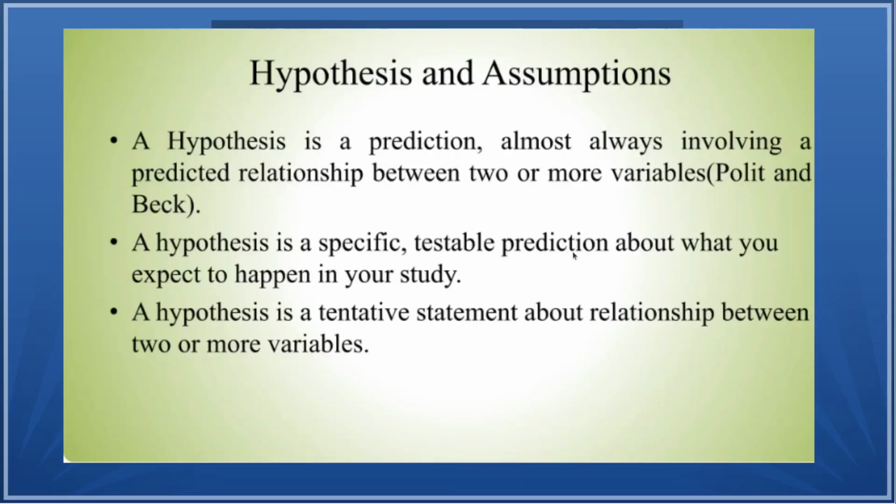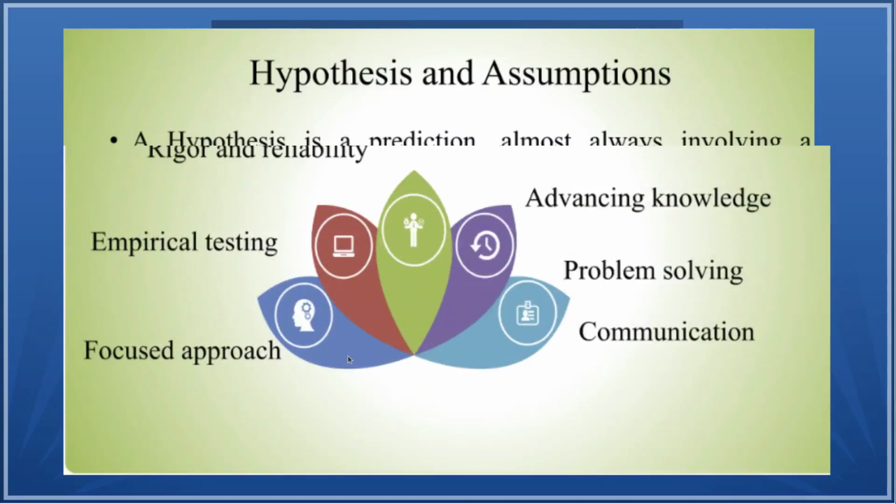That kind of guess about the future, prediction about what you expect to happen in your study, guessing it before starting the research itself is called as hypothesis. A hypothesis is a tentative statement about relationship between two or more variables. In the hypothesis, you are clearly stating the tentative relationship between two or more variables, because that is what you are going to get as a result at the end of the study.